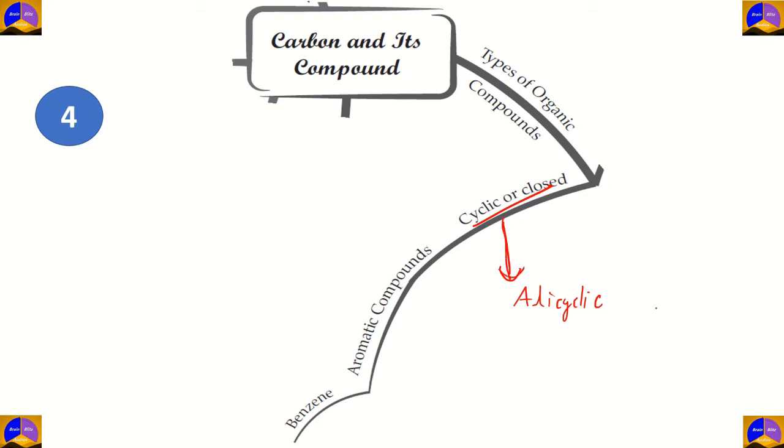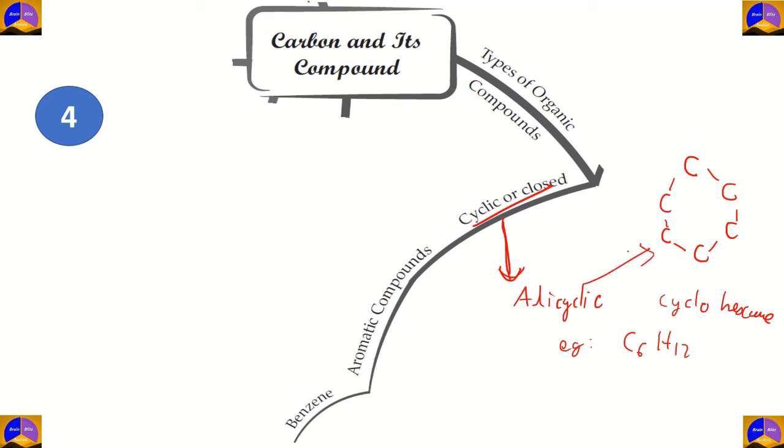In alicyclic compounds, an example is C6H12, which is cyclohexane. In cyclohexane, we have 6 carbon atoms, which all undergo single bonding. So there's one type of bond that is bonding all the 6 carbon atoms. So this makes it an alicyclic compound.